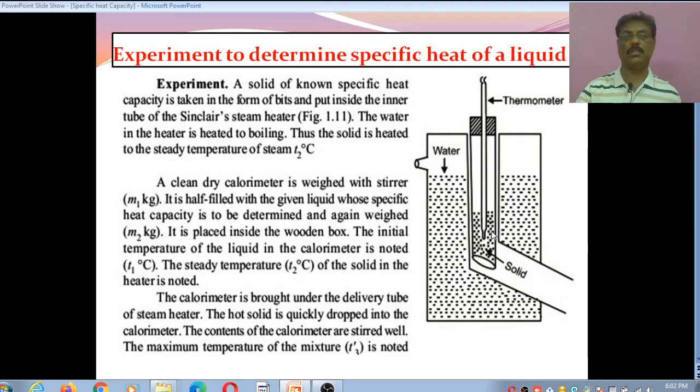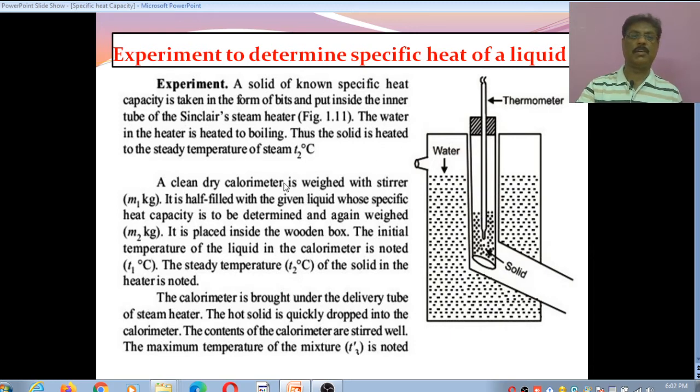Now note down, the solid is heated to the steady temperature of steam, T2 degrees Celsius. So note down the temperature of the solid. It is taken as T2 degrees Celsius. T2 is the temperature of the solids.